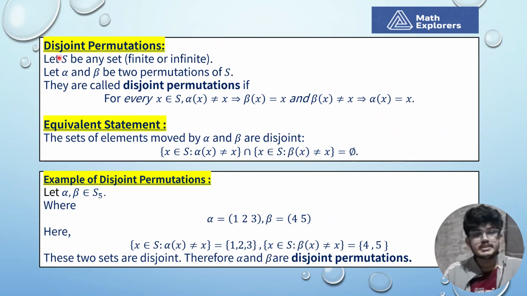Now, what is the definition of disjoint permutations? Let S be any non-empty set, finite or infinite.